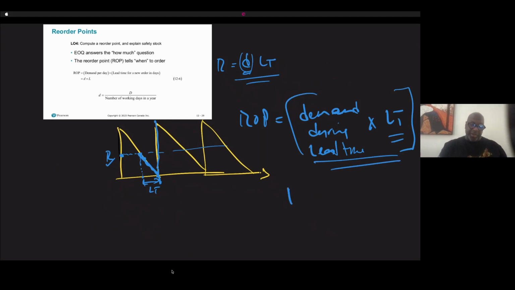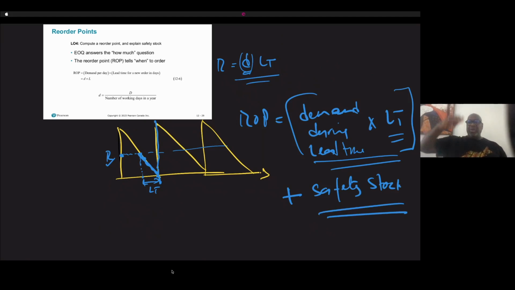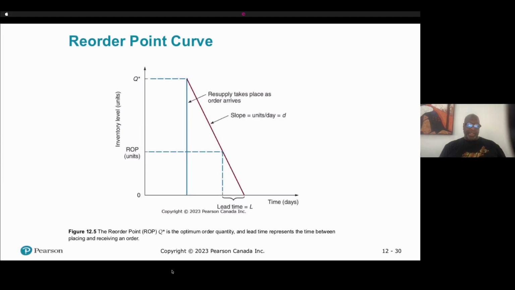However, if there is variability in the demand, we now have to have what we call safety stock. The safety stock is the quantity that you keep to allow you to address the fluctuations in the demand while you're waiting for your product to arrive during the lead time. Okay? So we will actually face that a little bit later.